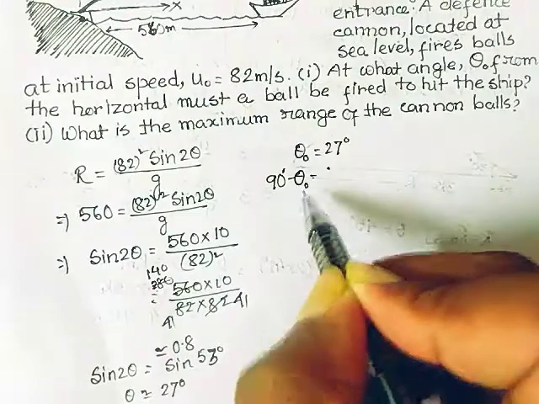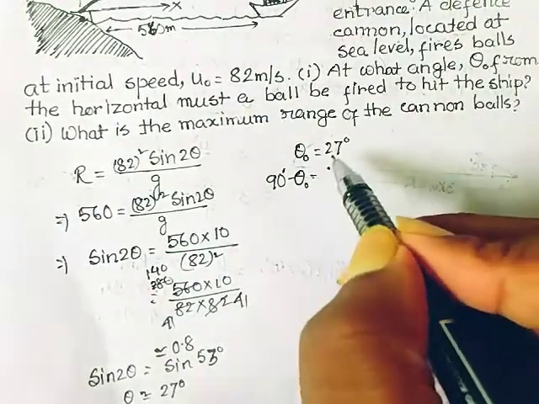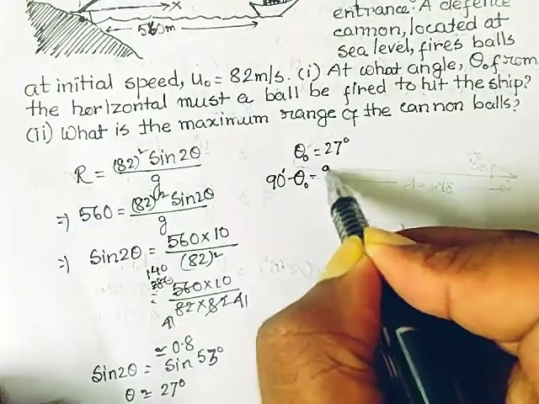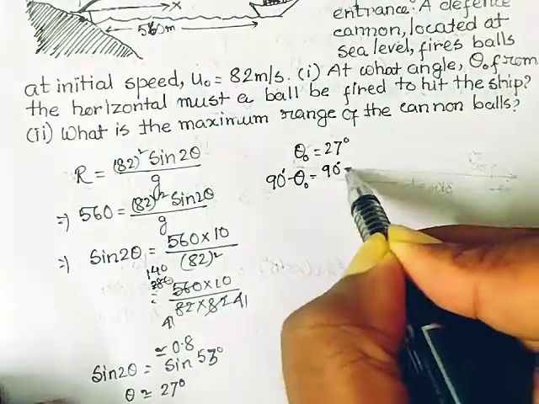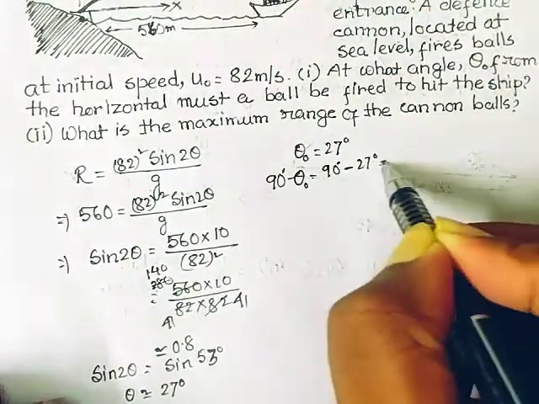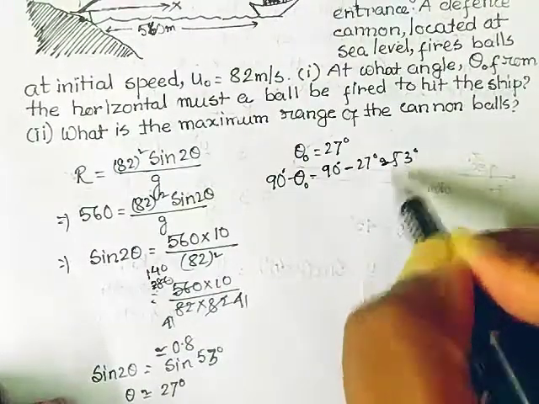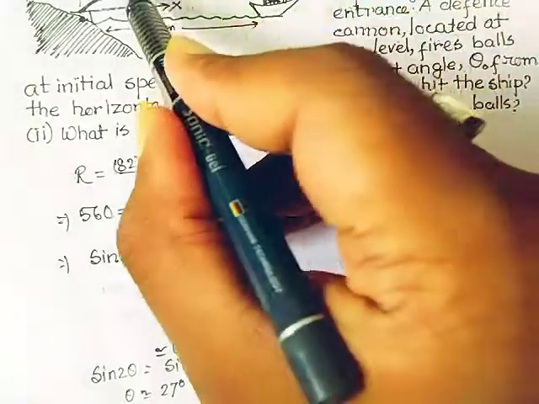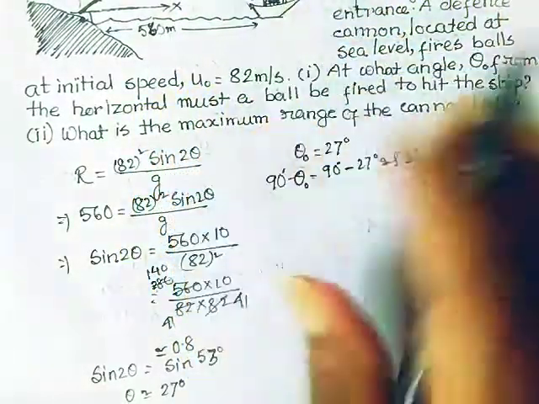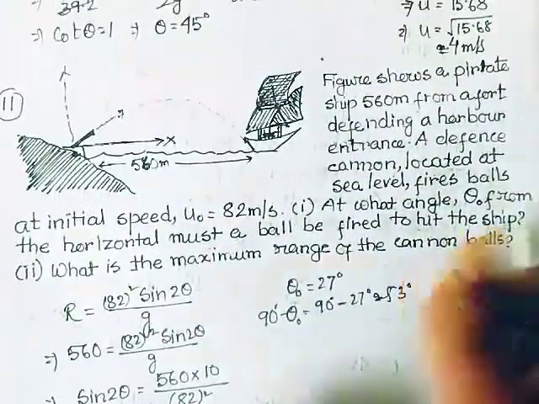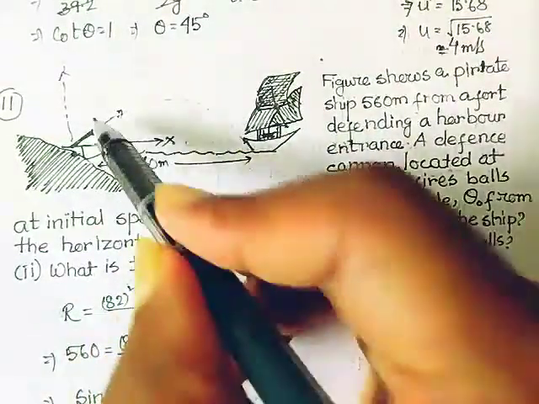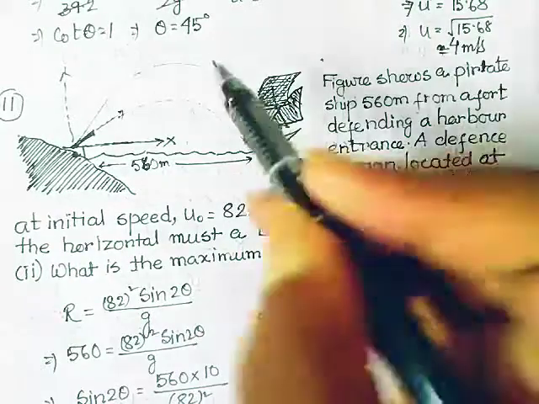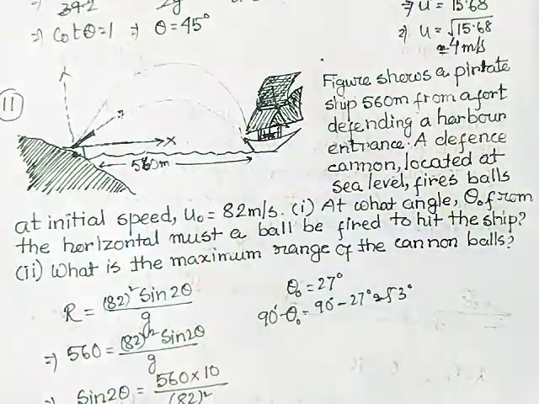So it is approximately 90 degree minus 27, which is approximately 53 degrees. So the cannon should be fired at 27 degree, and another angle at which it can be fired is 53 degree. So it can hit there.